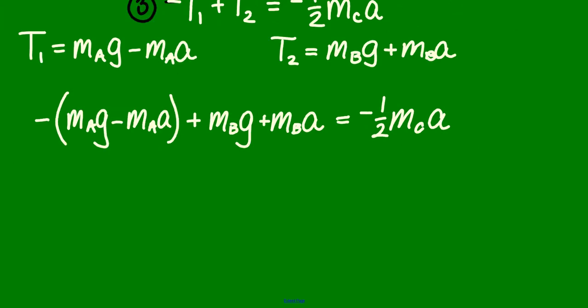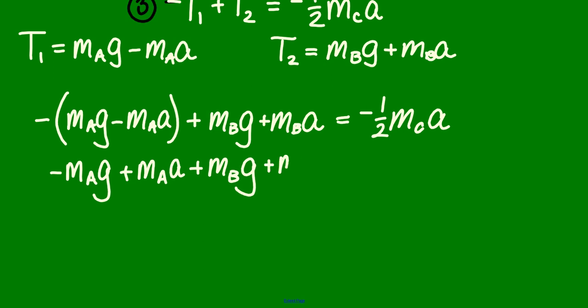Now I only have one variable in my equation, so I'll need to rearrange my variables to solve for that one unknown. So first I'll distribute this negative. Negative MA times g plus MA times acceleration plus MB times g plus MB times acceleration equals negative 1/2 MC times acceleration.